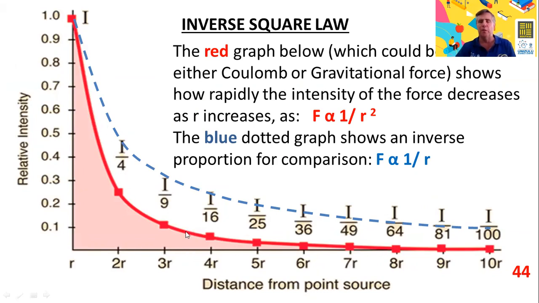You also experience this when you're standing close to a fire to get warm on a cold night. As you walk away, that heat gets less very, very quickly. Just for comparison, the dotted line is F proportional to 1 over R, a hyperbola. But in fact, these forces are proportional to 1 over R squared. I just wanted you to see just how quickly that gets smaller.